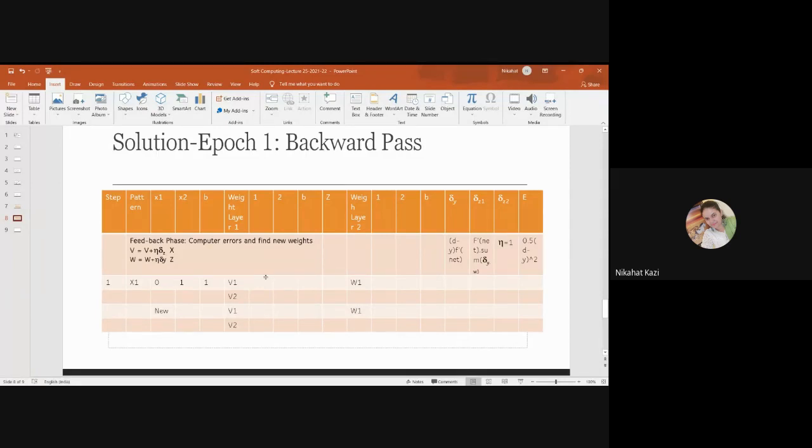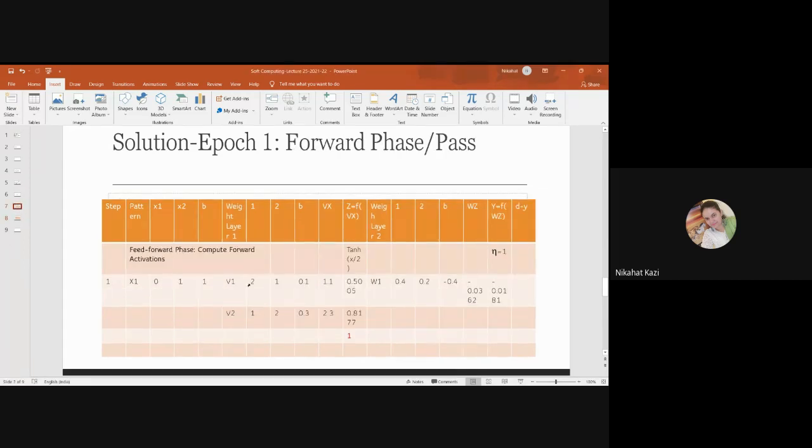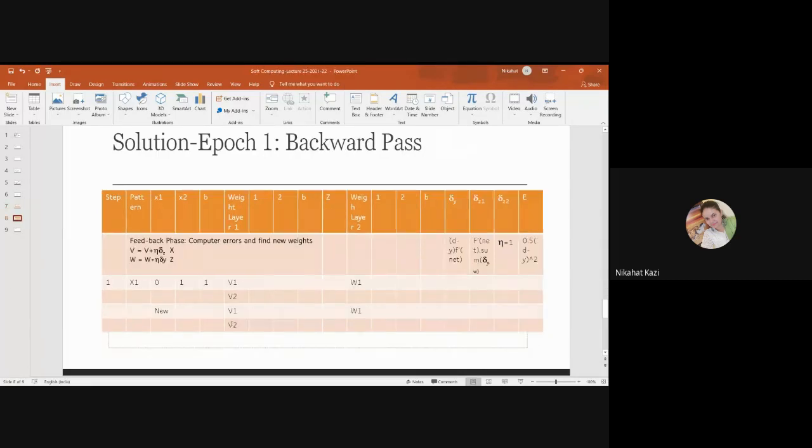How do you compute the output layer errors? Okay, I will just write these old weights. These were the old weights, the initial weights. We need to update them at the end. The new weights we need to compute once we compute the error signals, because it is eta times error signal times the input. Do you recollect? That is what we have written here.